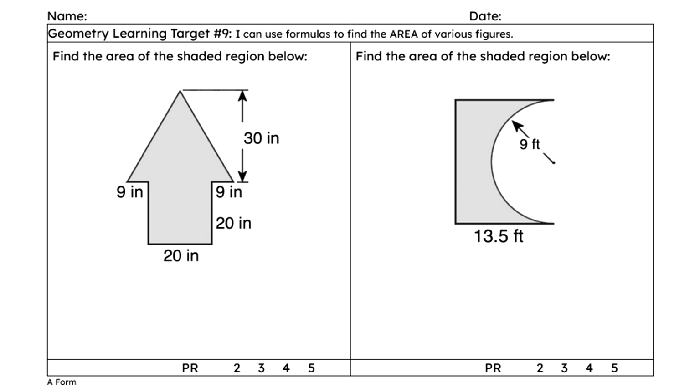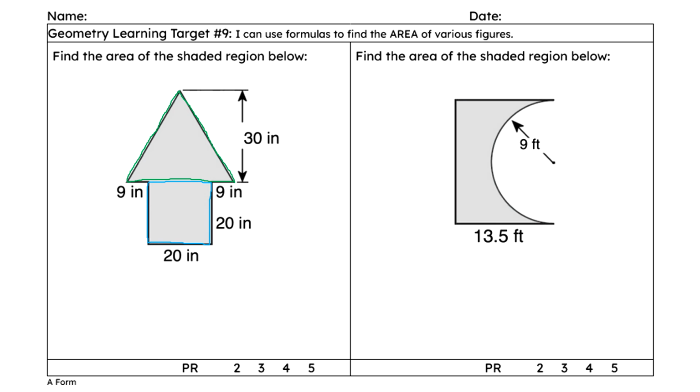Like, for example, on the left, it looks like I've got a square or a quadrilateral. And then I've also got a triangle on the top. So I'm going to be finding the areas of each of those pieces separately, and then finding the area of the total by adding those two pieces together.